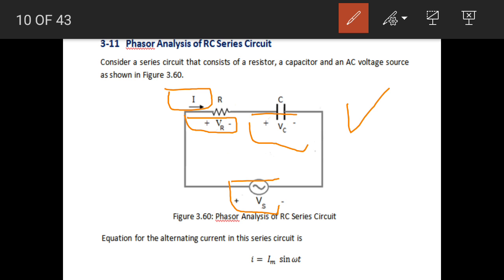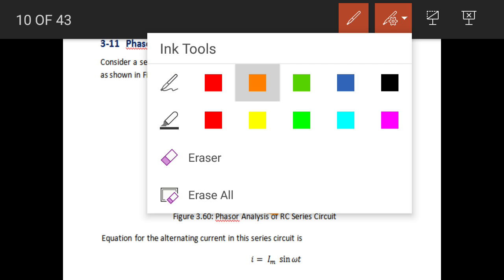We can represent the AC current with the help of a phasor quantity if the RMS value of this current and the phase angle of this current are known.